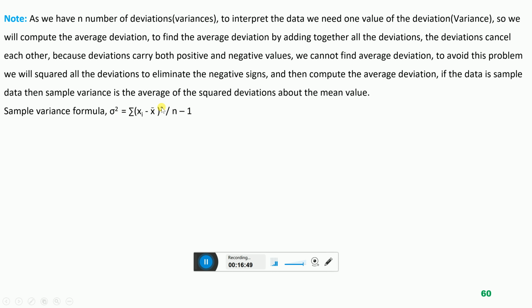Because there is a problem that positive deviations cancel out the negative deviations, and we cannot compute the average value for the deviation. So to avoid this problem, I squared all the deviations, and now I am dividing the summation xi minus x bar whole square by n minus 1. This formula we will use to measure the variability about the mean value.